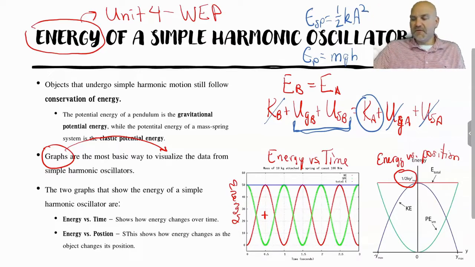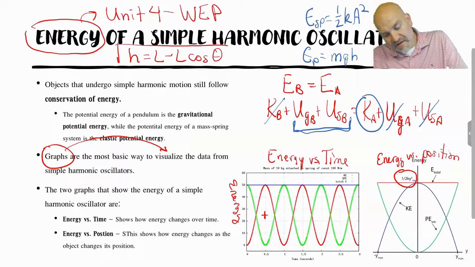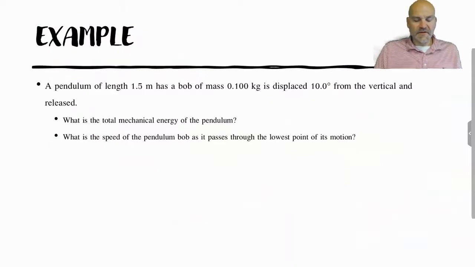Okay. And we'll solve for that H piece, or in fact, this is what you guys need to do. You need to write this equation down. I'm sure a teacher will show you how to get to it. But this is how you find the height that is pulled back, especially if they give you an angle with a pendulum. Okay, so let's look at some examples, right?